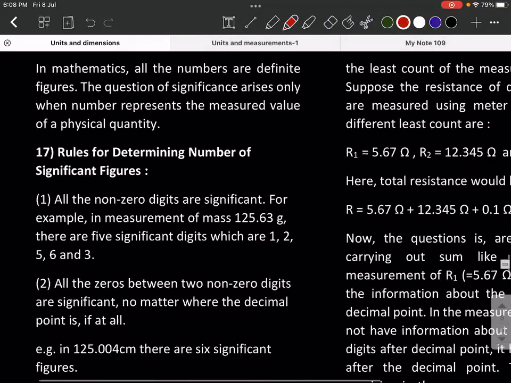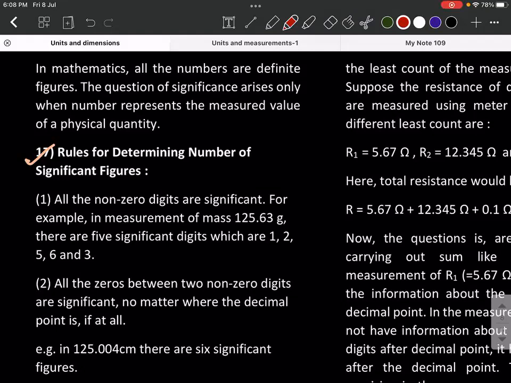Right? The next part is about understanding the rules of determining the number of significant figures. There are certain rules. Okay, we'll try to make a note of it. First, all the non-zero digits are significant. Please make a note of it. Along with the explanation, I want you all to write it also. First point, write the heading as rules for determining number of significant figures.